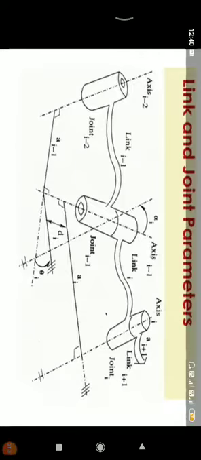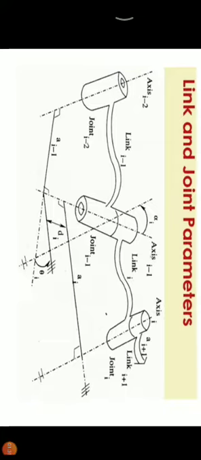This is a basic diagram that we have to consider, representing the link and joint parameters. Here in the figure you will find three joints.